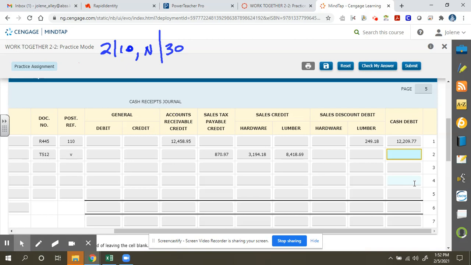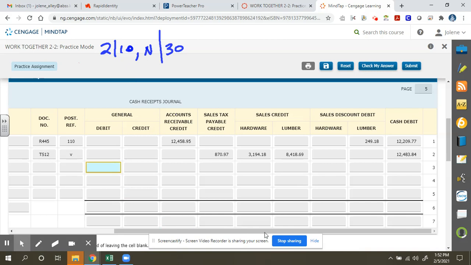Got to add them all together. And I got 12,483.84. But we'll do it again to be sure. I didn't hit the wrong button. 12,483.84. Okay, so now my debit equals my credit.